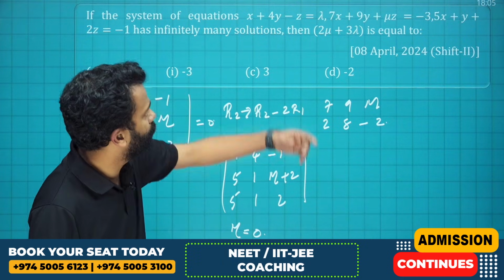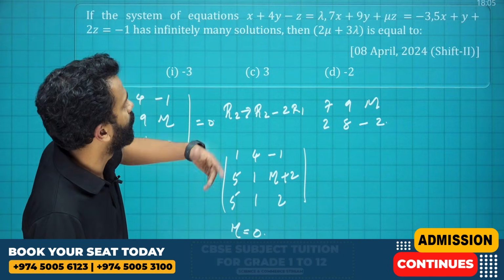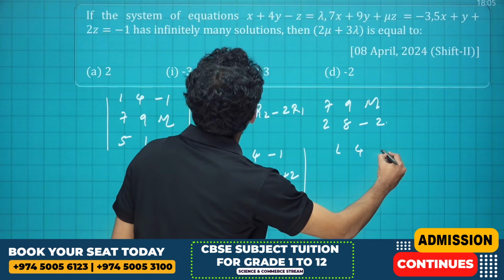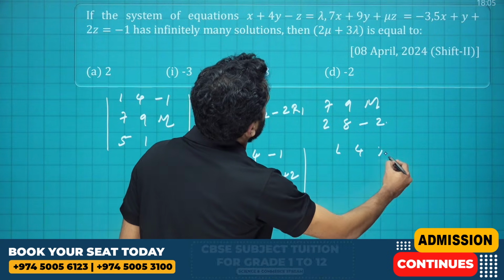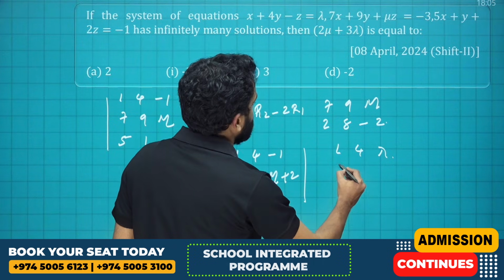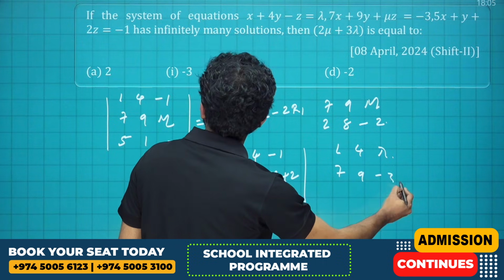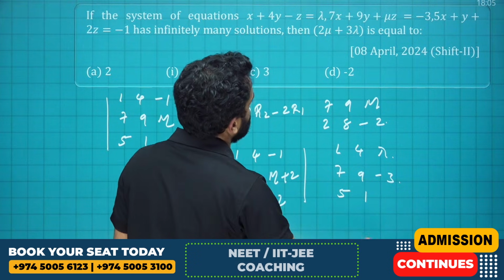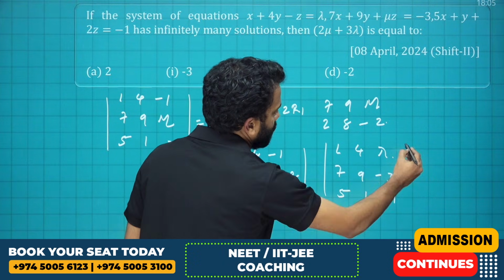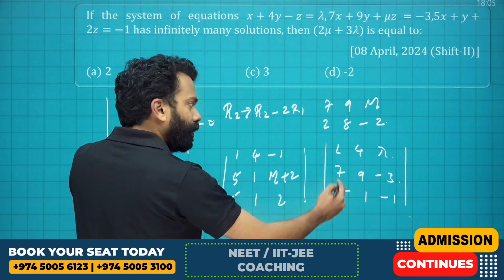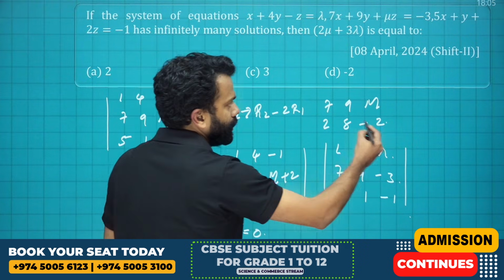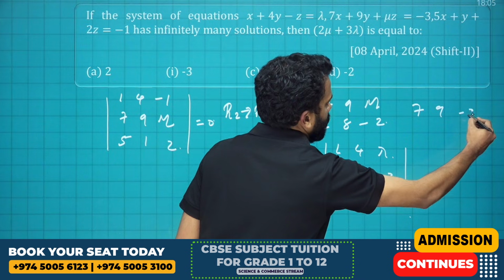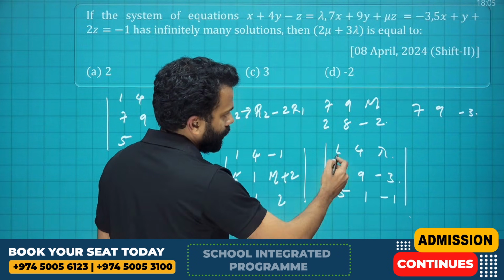You can use the same method to find the value of lambda. So it will be like 1, 4, lambda, 7, 9, minus 3, 5, 1 and minus 1. After equating these two like this, that is 7, 9, minus 3, multiply this with 2.